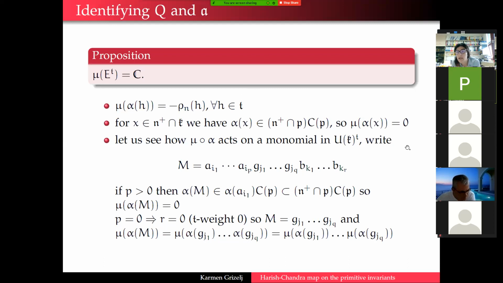And finally, what we want to see is how mu compose alpha acts on any monomial in the universal algebra of K, well, the T invariant part.